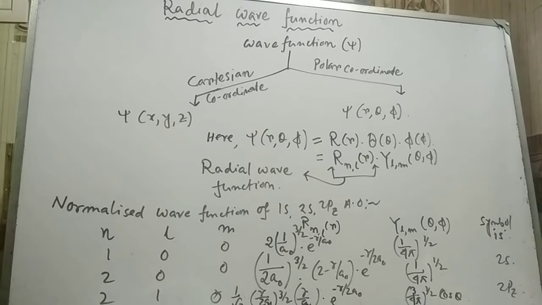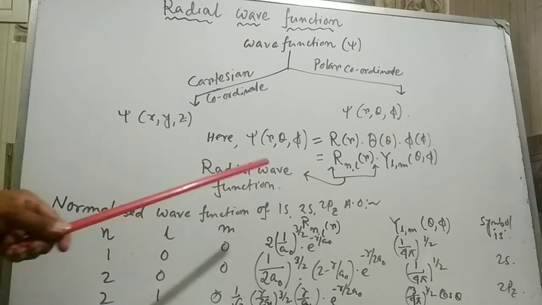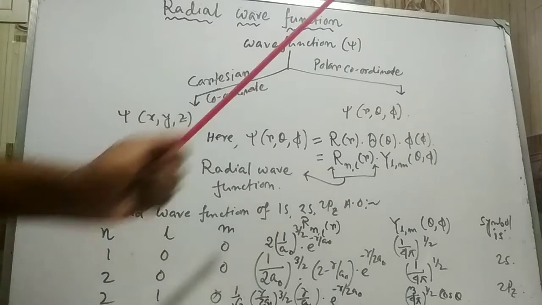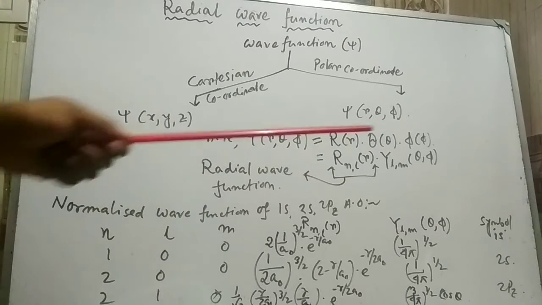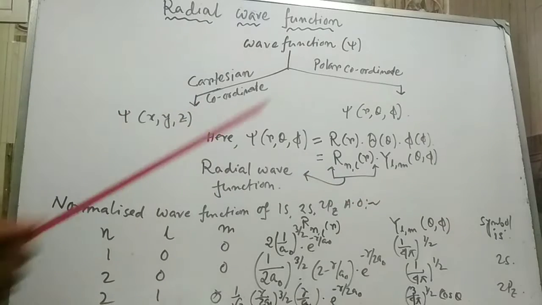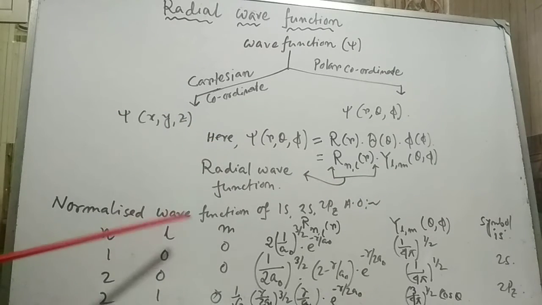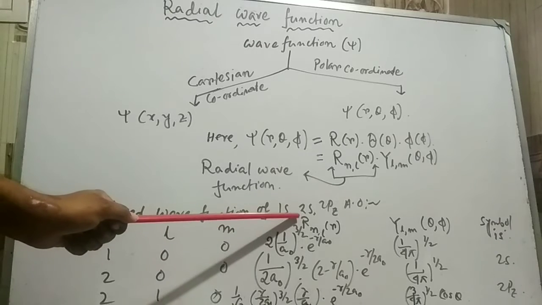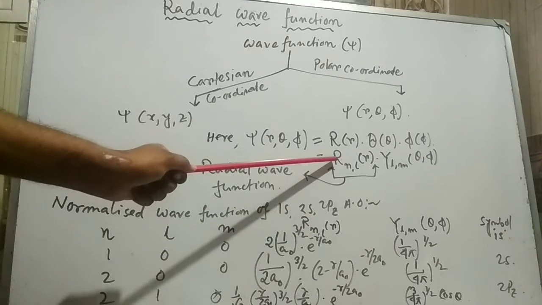Now we have to find out the normalized wave function of the 1s, 2s, 2pz atomic orbitals. In case of the 1s atomic orbital, what are the n, l and m values? They are 1, 0, 0. The radial wave function, this is the R_nl(r), is the radial wave function.